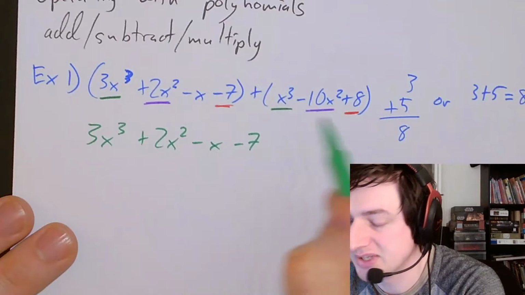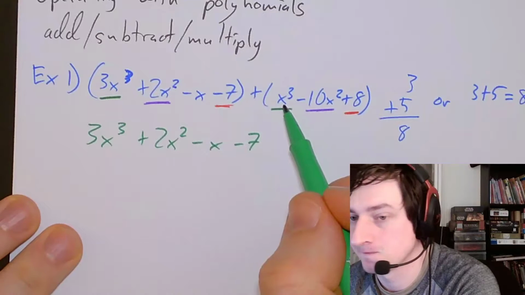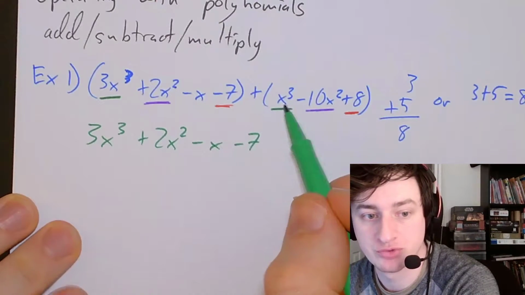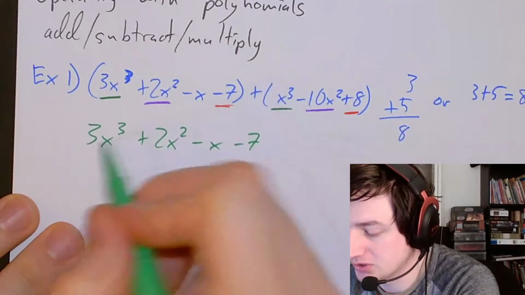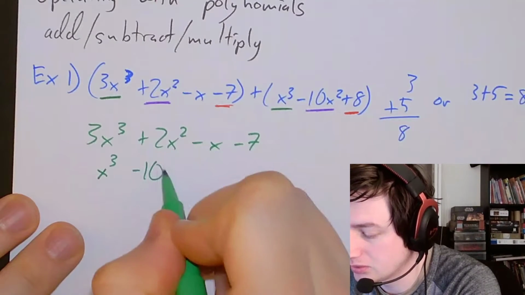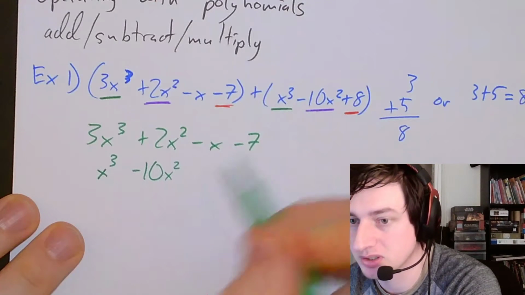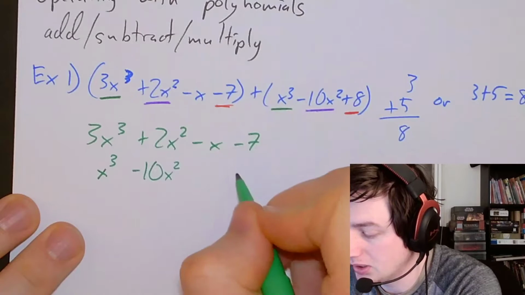And then I'm going to take this and line up the terms so we can just add them vertically. So x cubed here, the 10x squared. There's not an x in the second expression, and then the 8 at the end.